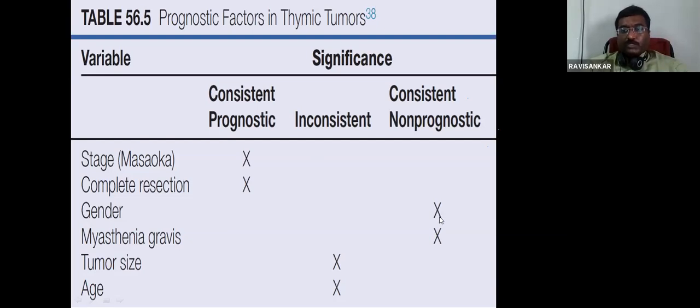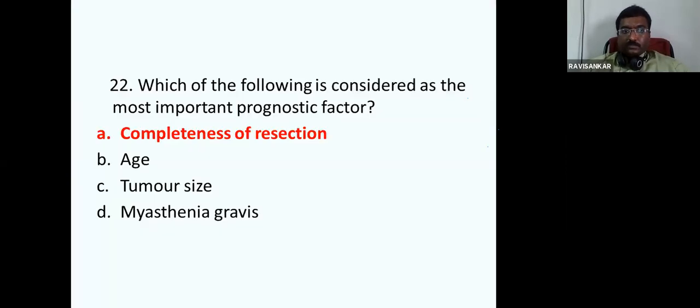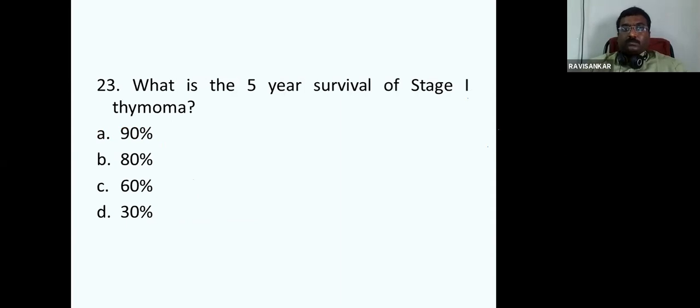Gender is non-prognostic; there is no gender difference in the prognosis. Myasthenia gravis is not associated with any prognostic significance. Tumor size, age, not much literature. So completeness of resection and stage are considered the most important prognostic factors in thymoma. What is the 5-year survival of stage 1 thymoma?